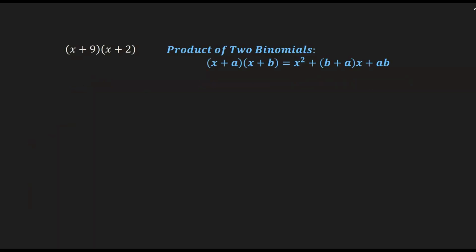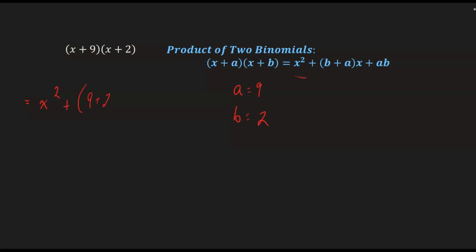In this example, we look at the product of 2 binomials, (x + 9) multiplied by (x + 2). Notice that it fits the pattern of (x + a) multiplied by (x + b), where my a equals 9, my b equals 2, and therefore I can follow the pattern of the special product, and it is x squared plus, we'll do b plus a, which is 9 plus 2.